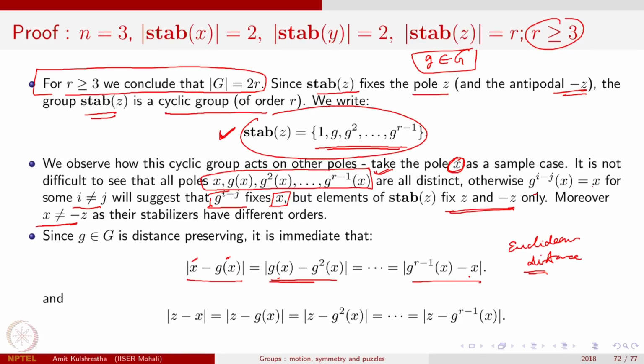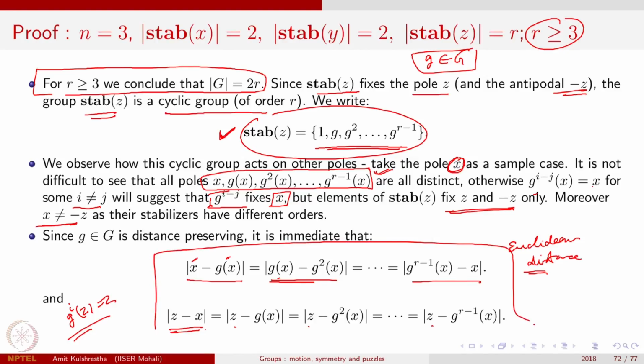And I do the same thing with z. The point is g to the power i, z is z. So everywhere I am having z, z, z. So this kind of picture is what I am getting. That means x, gx, g square x, up to g to the power r minus 1 x, they are equidistant from z. And among themselves also they are equidistant.